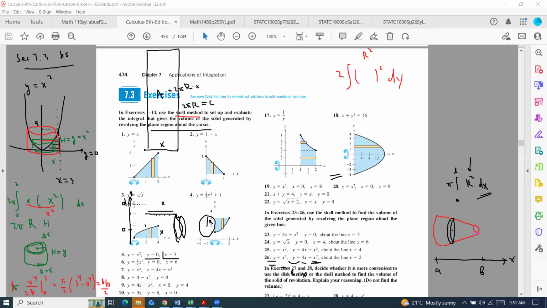You may say, Alex, that's the same radius that you just utilized. So the radius was x. Yes, but it's dy. So I need to replace my x with the square root of y. Okay. I can do that.